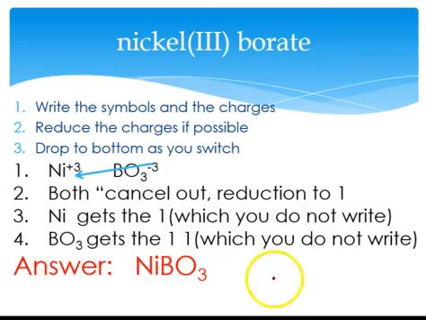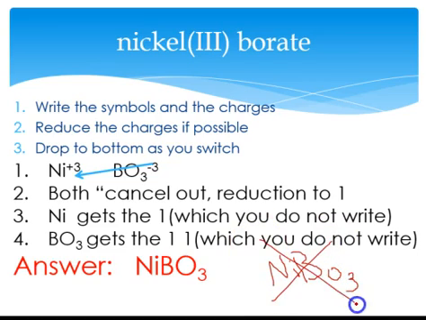Be careful. There's a lot of people that write it like this, NiBo3. That would be completely wrong, okay? Because this is implying that this is an element that has two letters in it, a B and an o, and there is no Bo on the periodic table. You cannot write it like that.